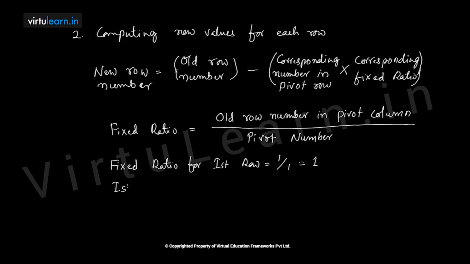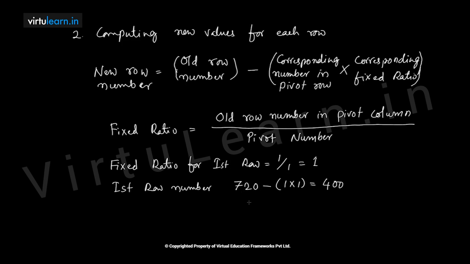First row numbers, the entire row we have to replace with these: 720 minus 1 into 1 will give us 400.